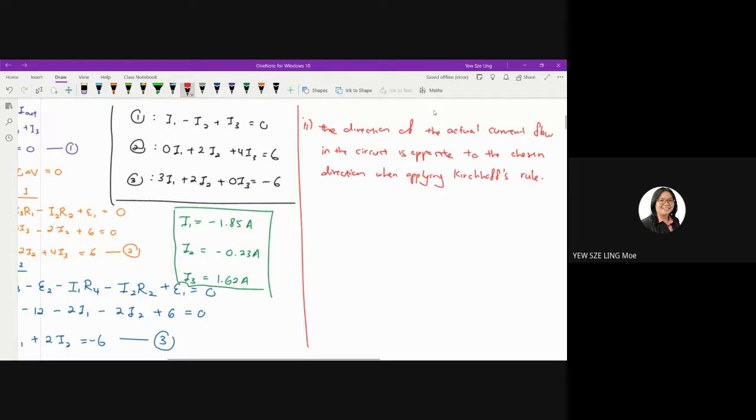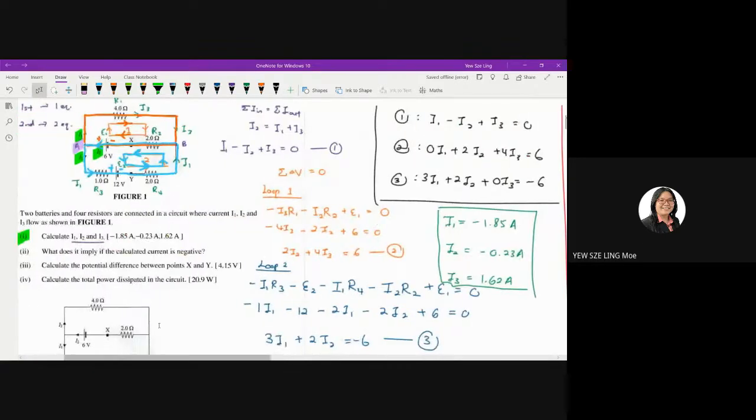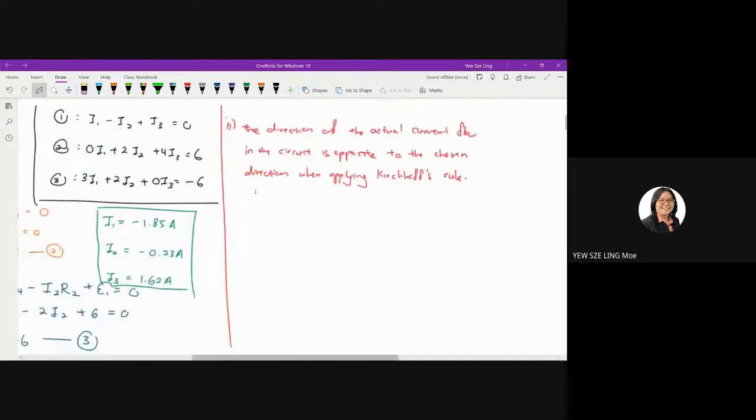Now, what does it mean? If you look at the original diagram, it tells you I2 is entering junction A, and I3 and I1 are leaving. That is what happens in our original diagram.